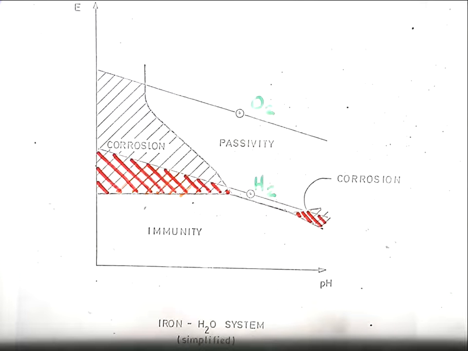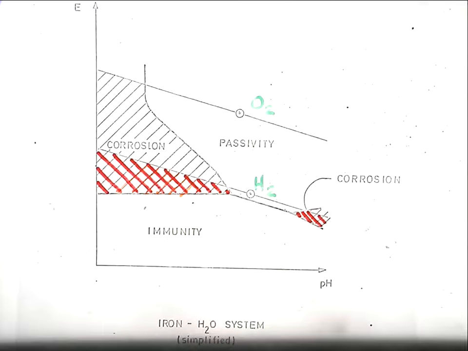In the middle of the pH range you can get passivity, that is to say the material will start to oxidize and then stop because the surface layer formation prevents further attack. So those are the three areas that you get in all potential pH diagrams: the immunity, corrosion and the passivity. And they move around a bit depending on what type of alloy you've got, but they all are the same.